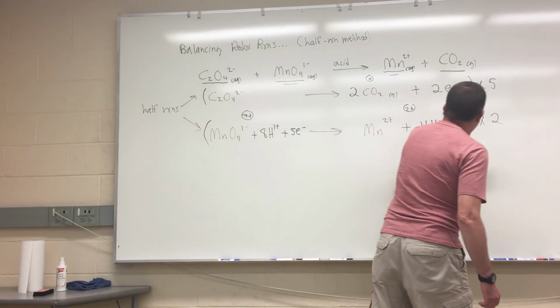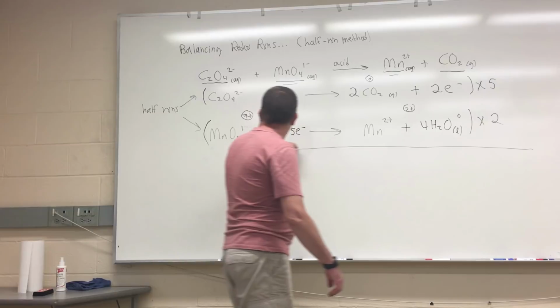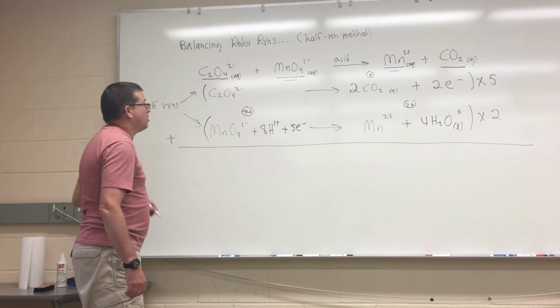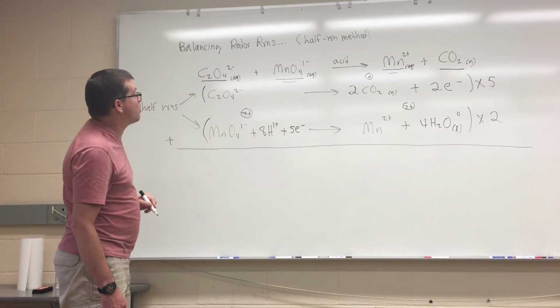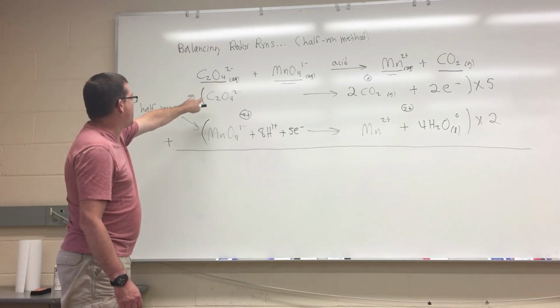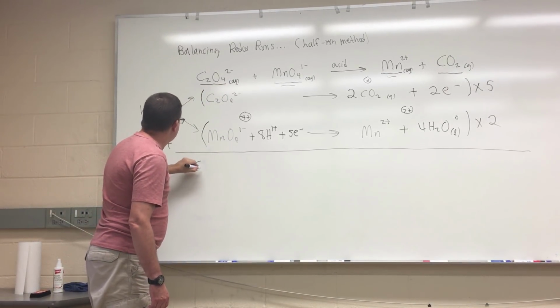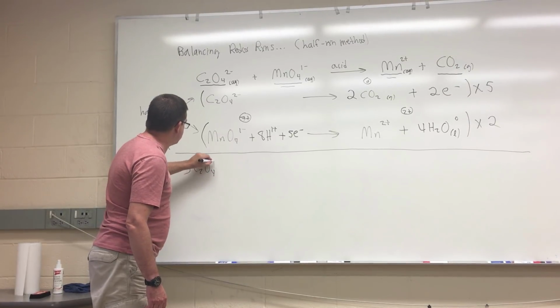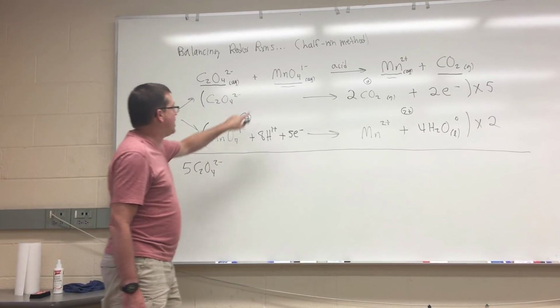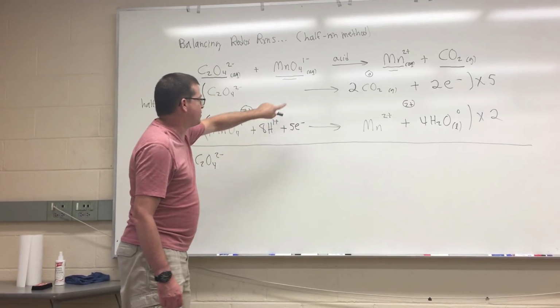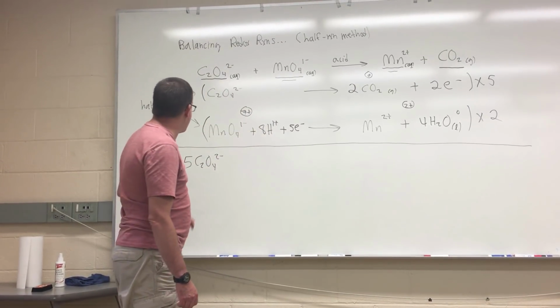Now what I'm going to do is go ahead and add these together while I distribute. So keep me honest here and make sure I do it right. I've got to distribute the 5 all the way through, so that's going to be 5 C2O4 2-. All right? Then I have nothing else here. But now I have to come downstairs to my other reactants.